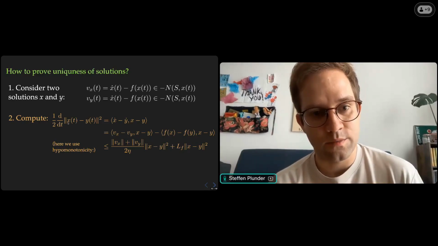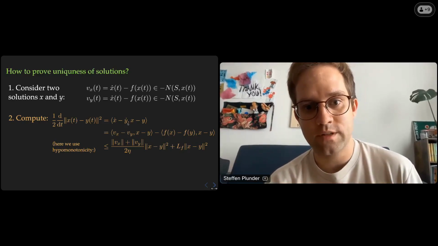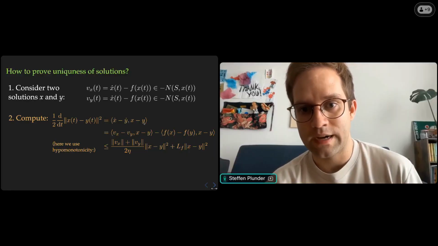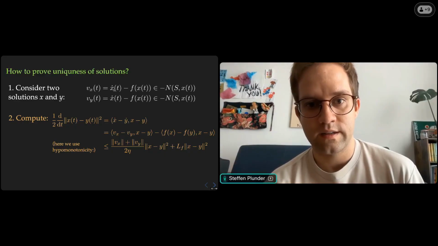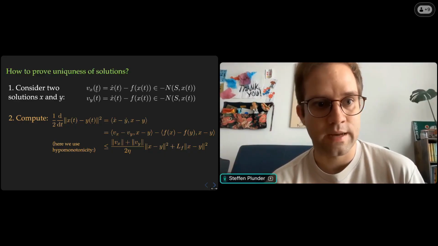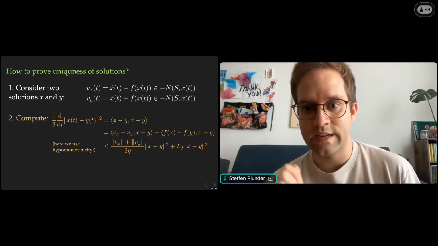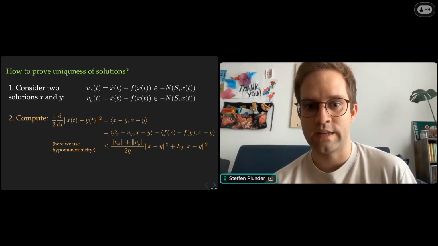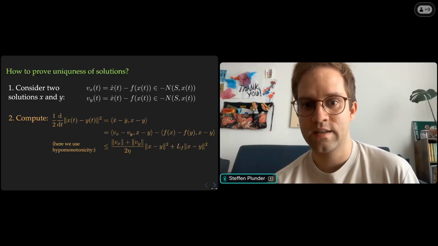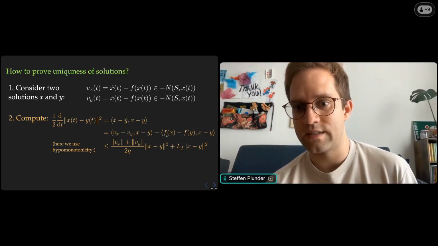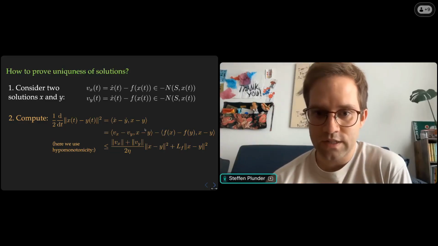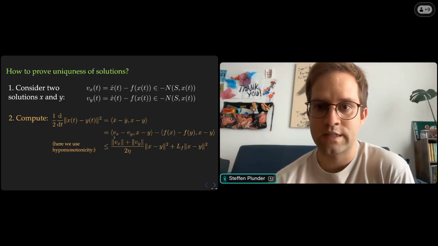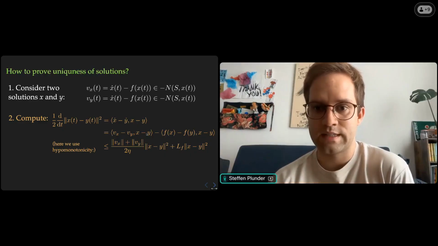And if you compute the time derivative of a square norm, then you get the difference in the velocities in the scalar product. And using this equation from step 1, we know that the velocity we can replace with our differential inclusion. So we know there's a normal vector v of x and v of y, and minus the forces f of x and f of y. So this is just inserting our differential inclusion. And now the first term here, this is exactly what hypomonotonicity was about. Hypomonotonicity bounds this term.